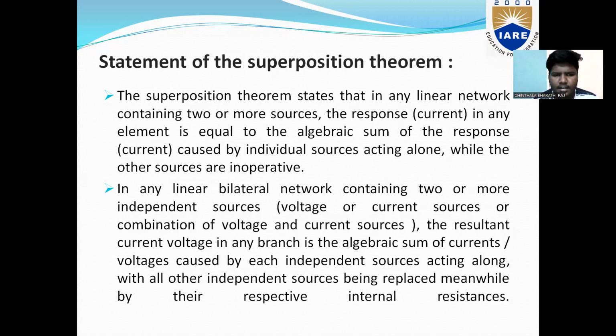In any linear network containing two or more independent sources, voltage or current sources or a combination of both, the resultant current or voltage in any branch is the algebraic sum of the currents or voltages caused by each independent source acting alone, with all other independent sources being replaced by their respective internal resistances.